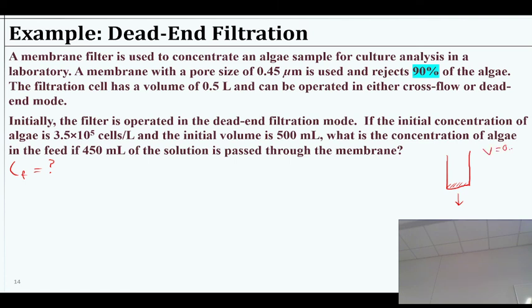Okay, so you draw a container that can have a volume of 0.5 liters, right? Then you say the initial volume of the liquid is basically full, right? So it is a little bit redundant, but you draw it, then you say, okay, here's the starting point, and then you pass most of it through, pass 450 milliliters of it through, and you're left with some remaining volume, right? Right.